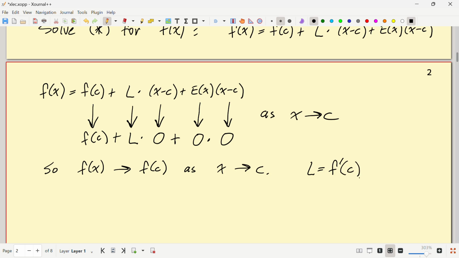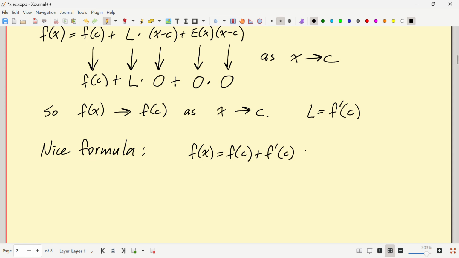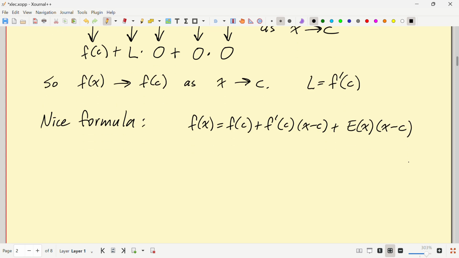So back there I should have written, here's a nice formula to keep in mind. F of x looks like a first order approximation in the Taylor series plus the remainder term, E of x times x minus c, where everything in that equation is continuous at c.